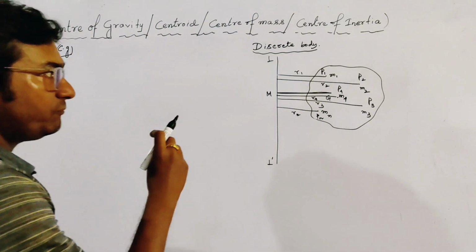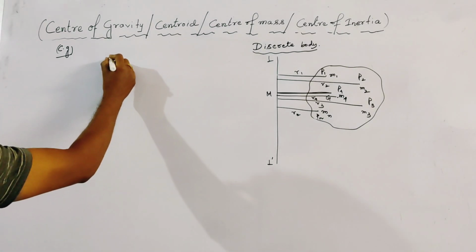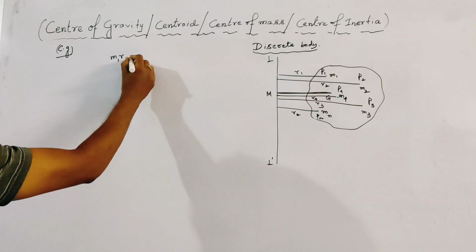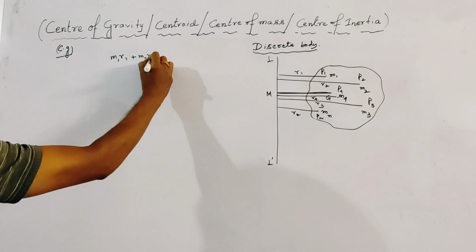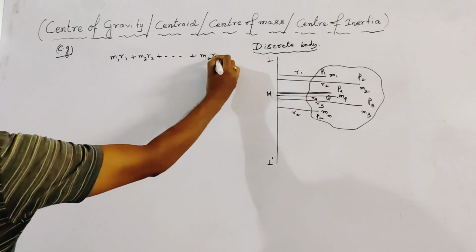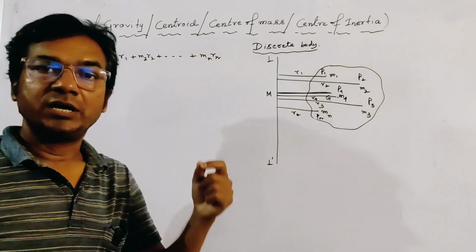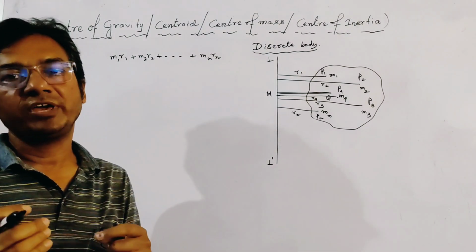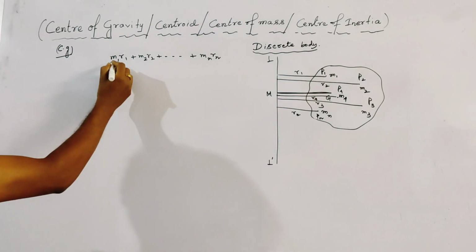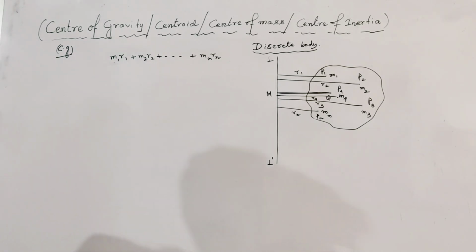Now we find a sum, which is the product of each mass into its respective distance. Like we find the moment of a force about any line: if this is force and this is distance, this is like moment of force.